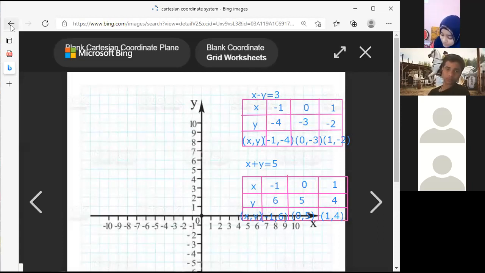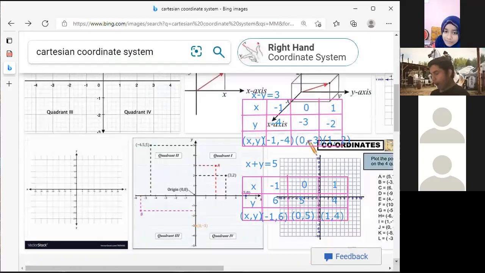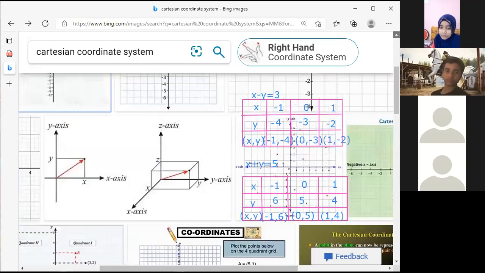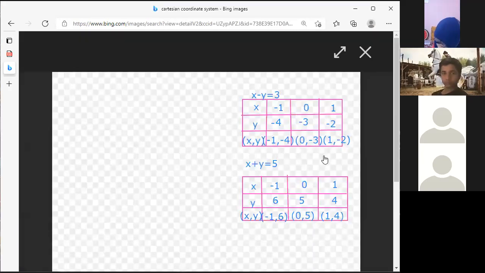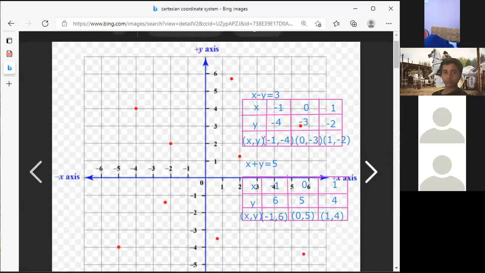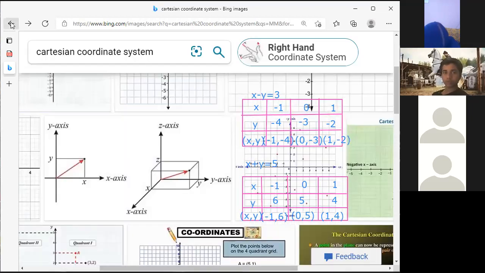I will take a better one. This already has points. Yeah, this has points.